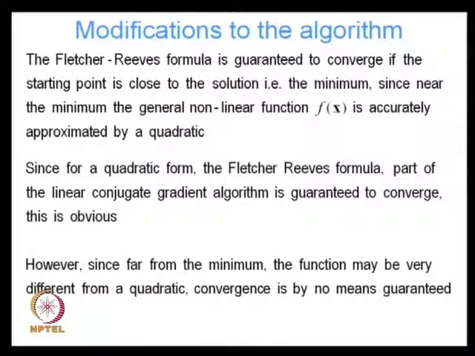However, far from the minimum, the function may be very different from a quadratic. In that case, convergence is by no means guaranteed. If we use the Fletcher-Reeves formula for a general nonlinear function and start far away from the true solution, there is no guarantee that we are going to converge, because the behavior is nowhere near quadratic.